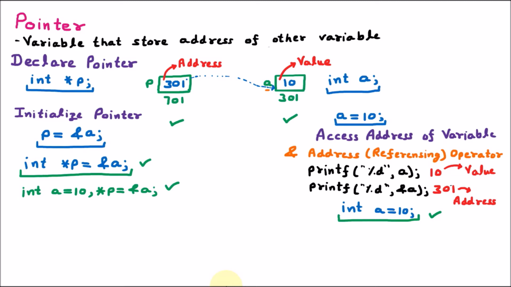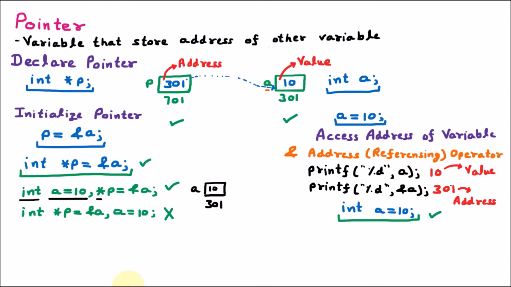How? If you are writing, let's say, int *P is equal to &A, then afterward a comma, and you are writing A is equal to 10, now this line is not valid. To make you understand, I am taking an example here. Here we are saying int A equal to 10. That means declare a variable A which is having the value 10 and having some address, let's say 301.